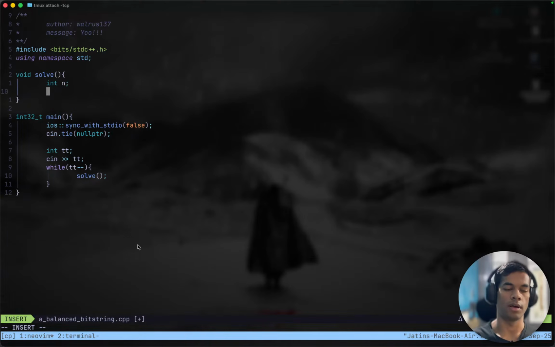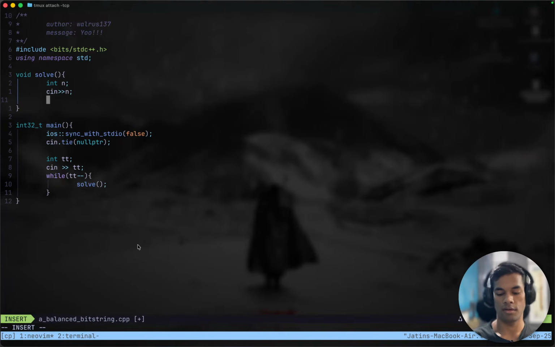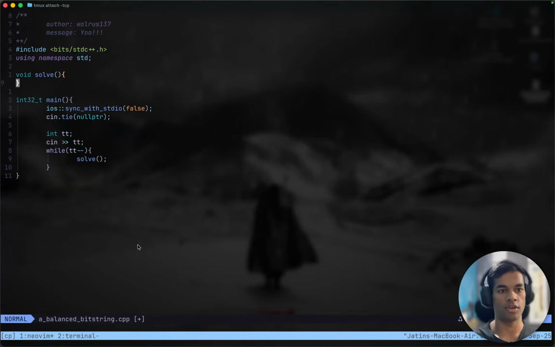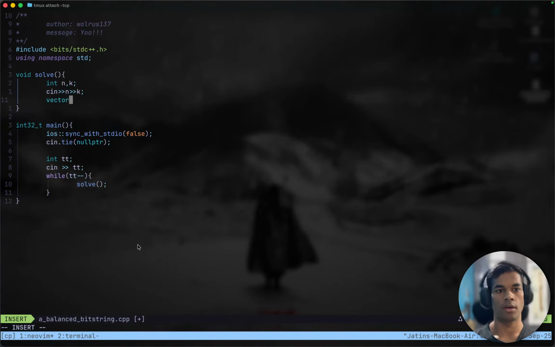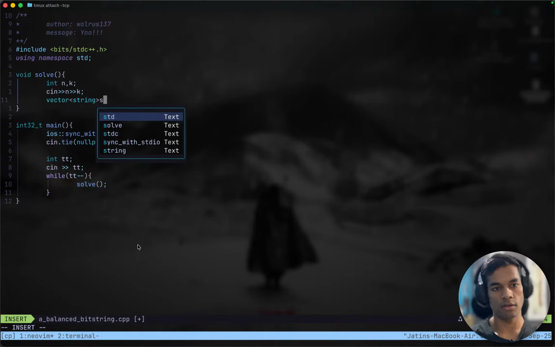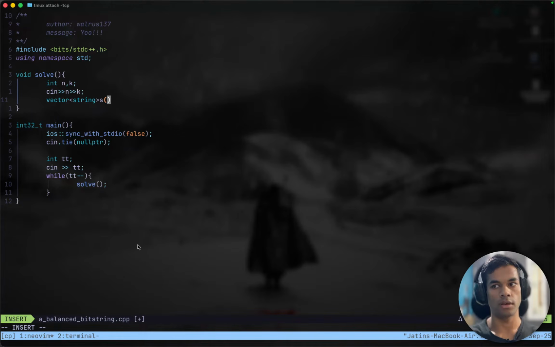Int n and k, cin n and k, and then we are going to have a vector of strings of size (n plus k minus 1) divided by k, the ceiling of n divided by k.